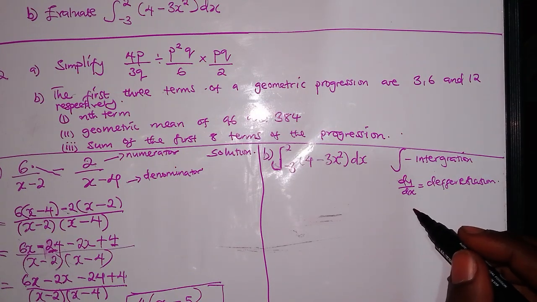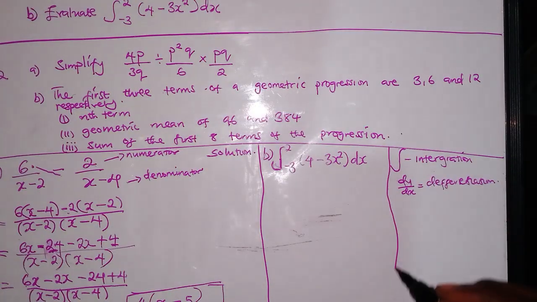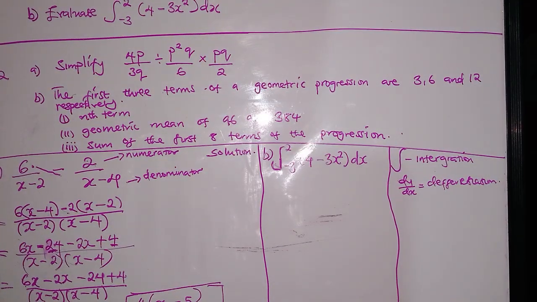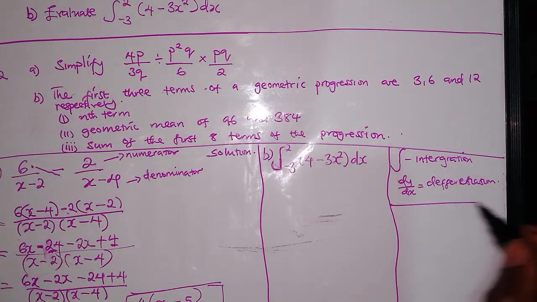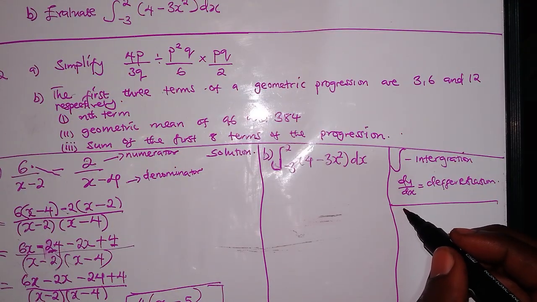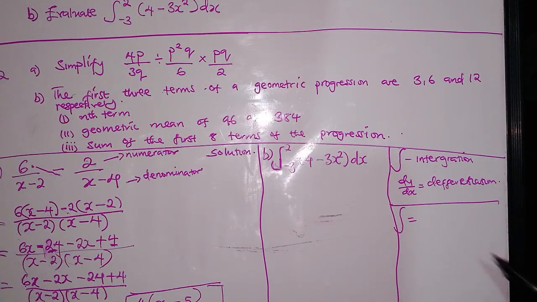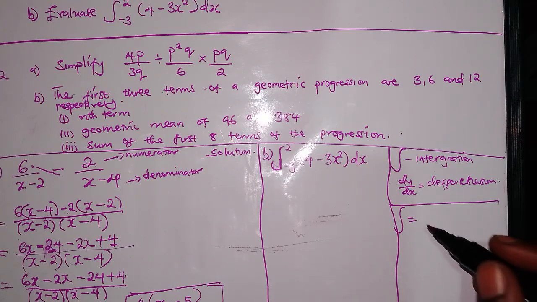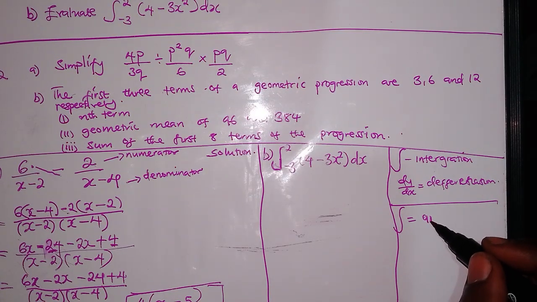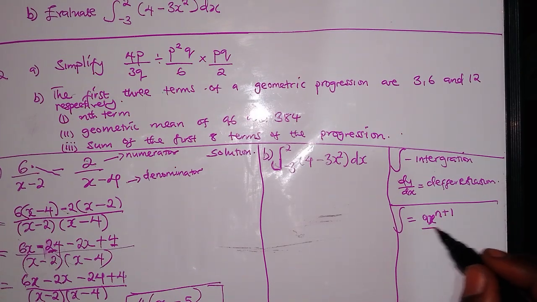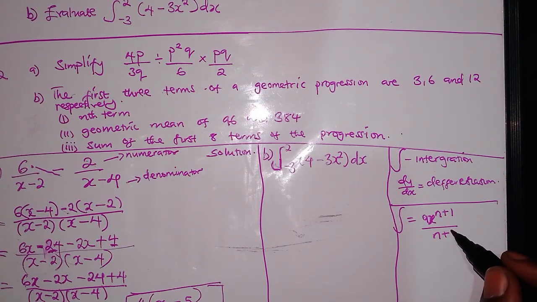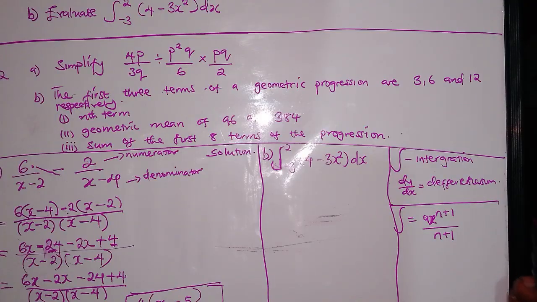So the formulas for integration and differentiation. Whenever you see this symbol, the formula which should come into your mind is a x^(n+1) divided by n+1. So meaning this will be your formula which you'll be using to integrate your question.